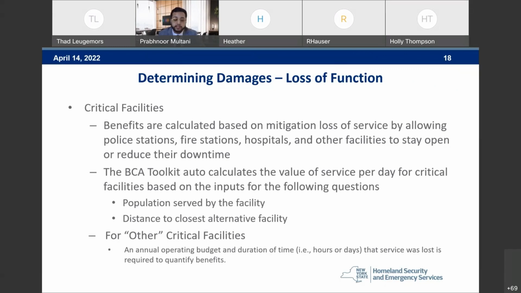What is the distance to the closest alternative facility? And then for other critical facilities that do not fit the hospital, police station, or fire station, such as a Department of Public Works, an annual operating budget and the duration of time that service was lost is required in order to quantify benefits. Next slide, please.